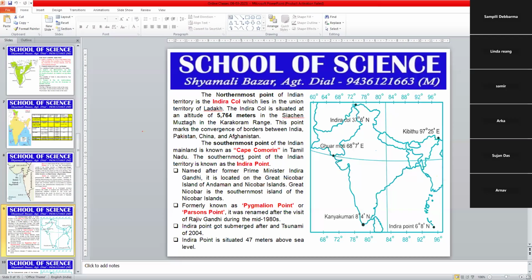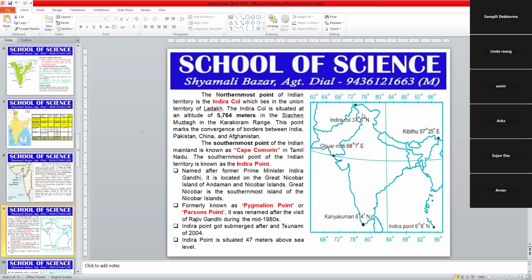The southernmost point of the Indian mainland is known as Cape Comorin, and the southernmost point of the Indian territory is Indira Point. There's a difference between mainland and territory. This is the mainland, and territory is here, up to here.